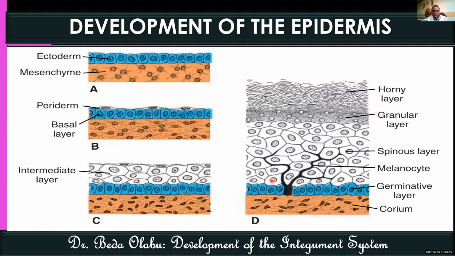That's what we call the epidermal melanin unit. Earlier on, we don't see those melanocytes, but they migrate and invade the epidermis, so that by the time the baby is being born, the melanocytes are already on the epidermis. Remember, they come from neural crest.